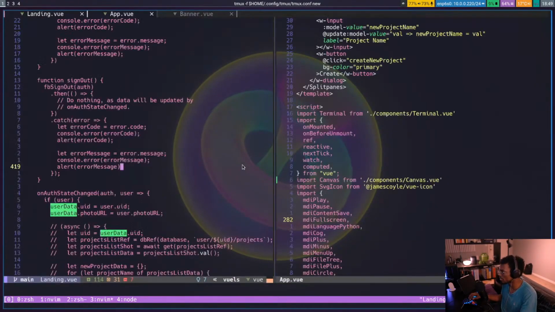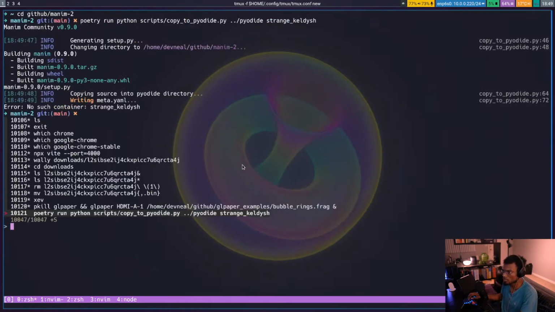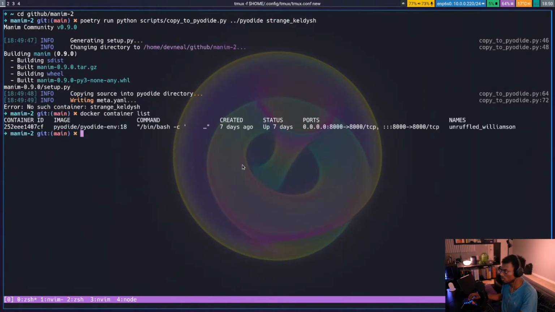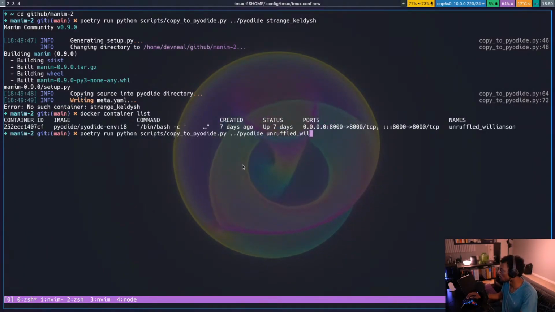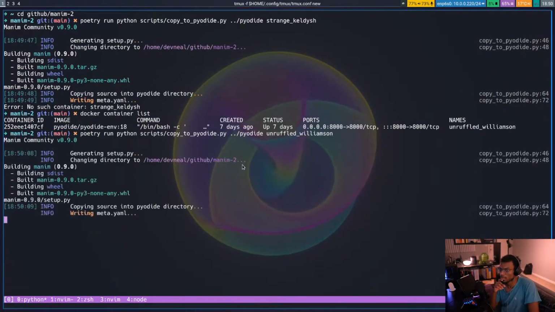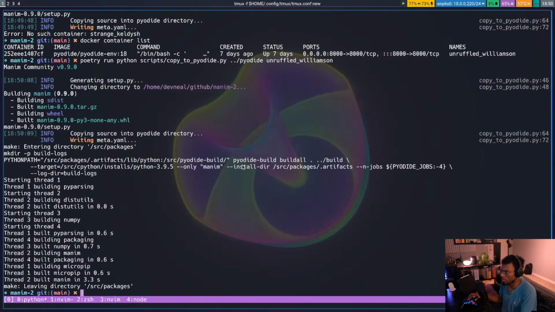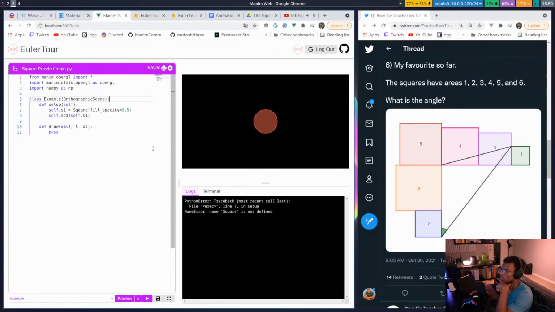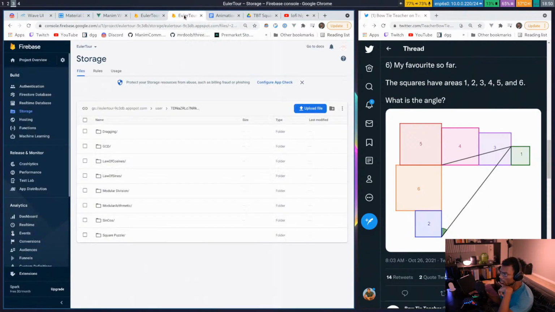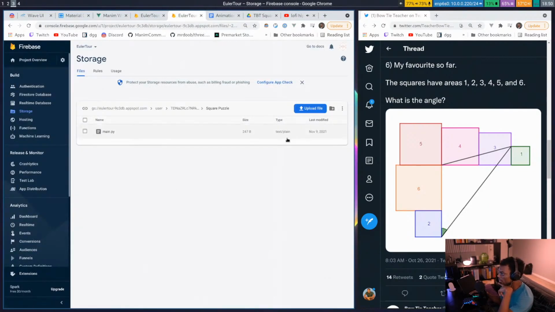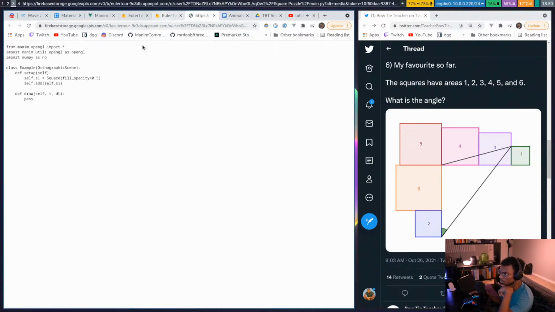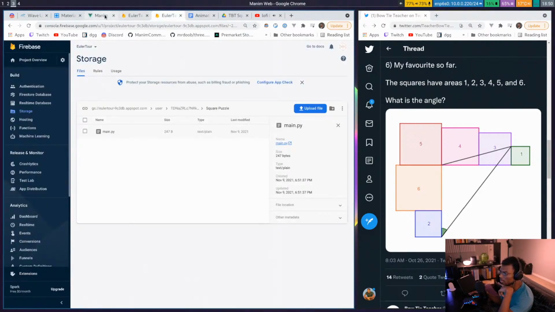No such container, that makes sense. Try that. Great. And this should already be saved. I'm more cautious about how the saving mechanic works. Okay, well, that seems to be working.